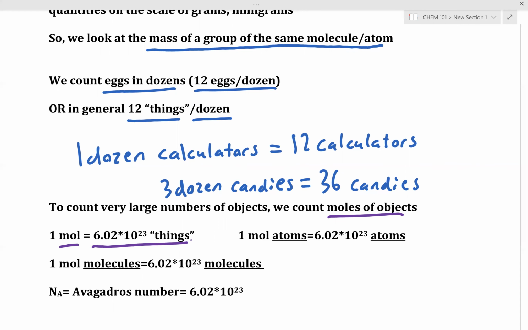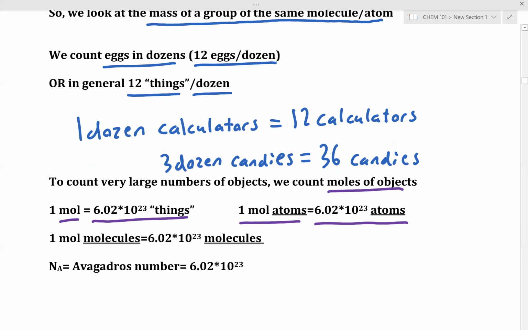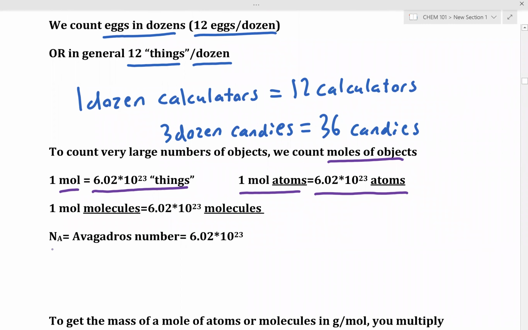So for example, if we're filling in the blanks for this idea that 1 mole is 6.02 times 10 to the 23rd things, a mole of atoms is 6.02 times 10 to the 23rd atoms. Does that make sense? So instead of 12, it's this large number. We call this number 6.02 times 10 to the 23rd Avogadro's number. And it's often abbreviated as NA.